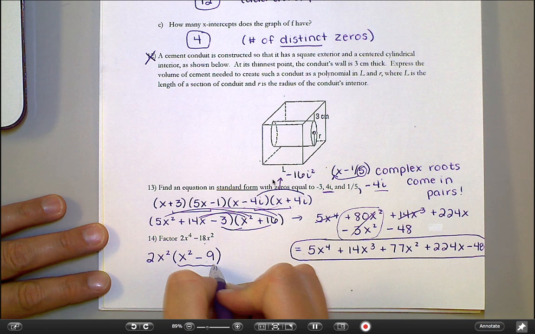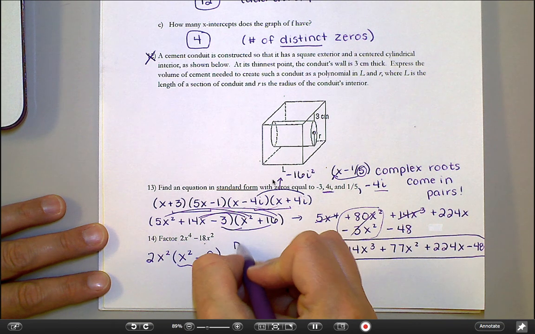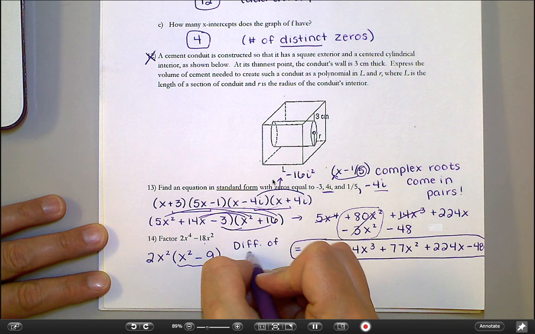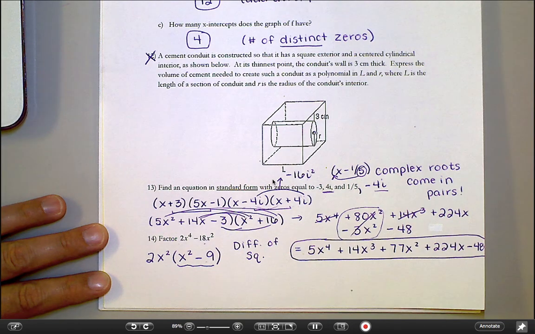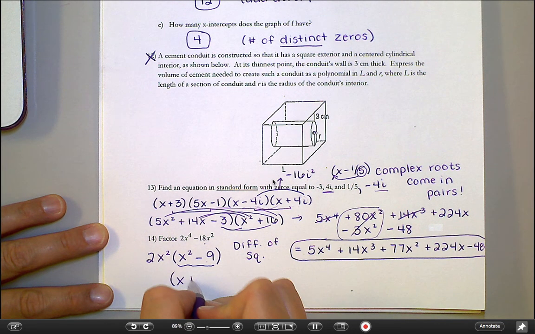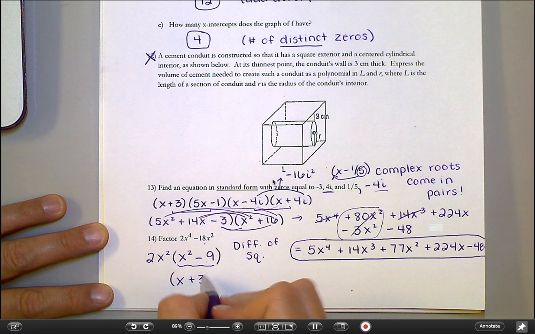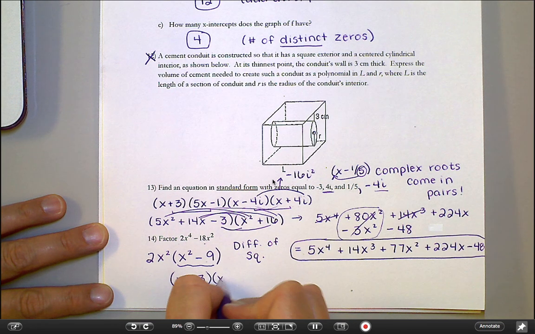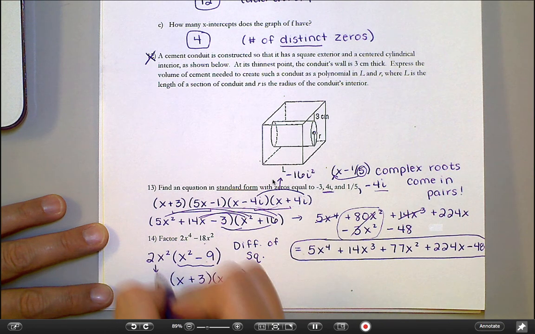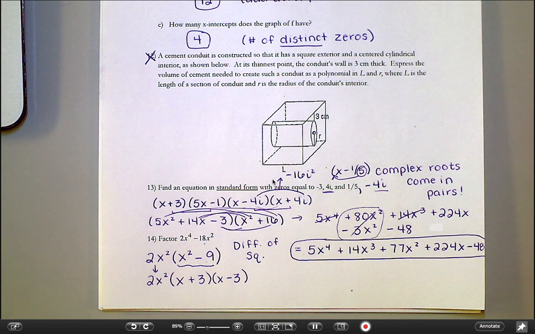This here is a difference of 2 squares. Which means this factors as x plus 3 and x minus 3. And then I'm just going to pull this 2x squared down in front. And that would be completely factored.